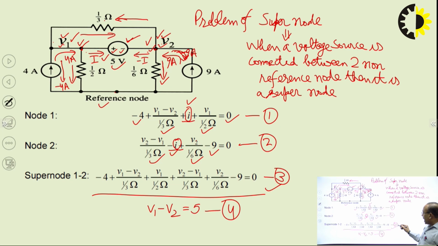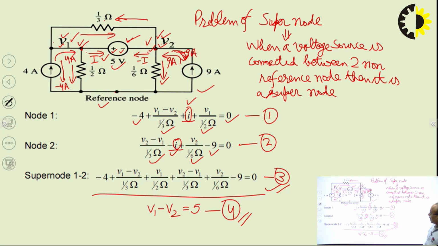So, with the help of equation number 3 and equation number 4, we can solve for the 2 unknowns V1 and V2. And once we know the values of V1 and V2, we will be able to find the current in any branch of the given circuit. So, this is the method for solving a super node problem, or super node analysis, in a given circuit.